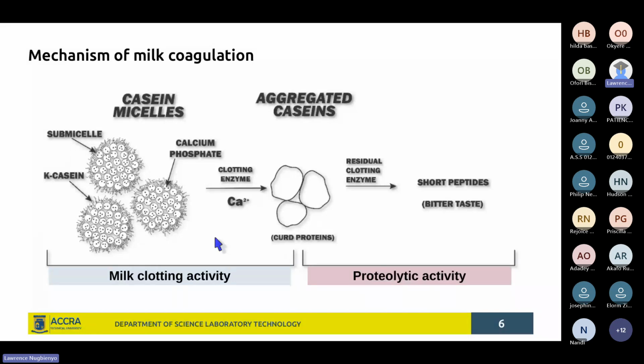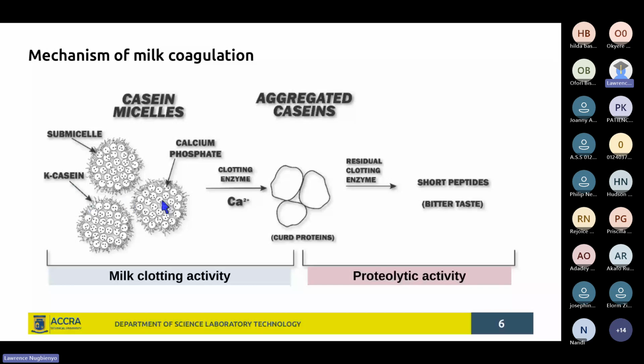Once it breaks down the casein, it means that the external part of those casein aggregates that we just saw can then bind together. So if you see what you are saying here, you have casein micelles, and you have the kappa casein submicelles in them, the calcium phosphate, what we just saw.